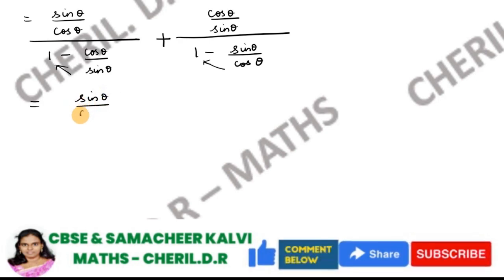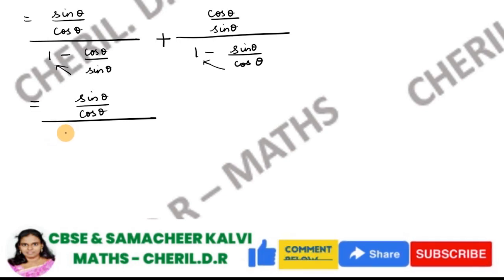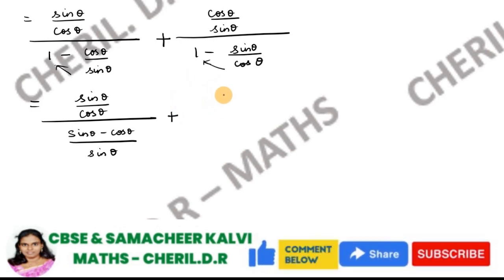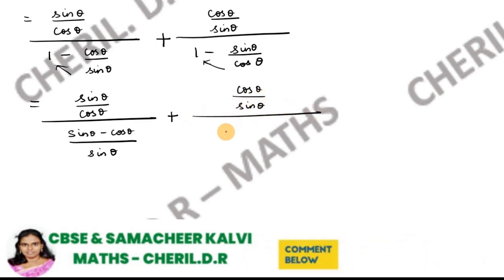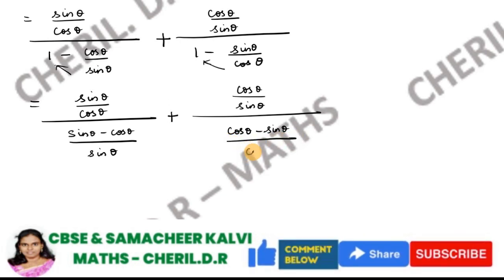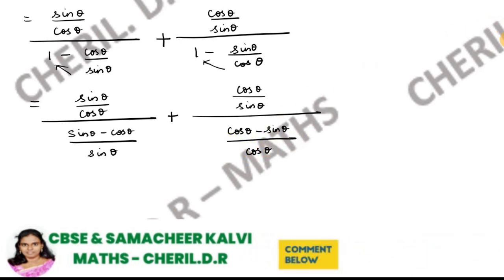Sin theta by cos theta divided by sin theta minus cos theta by sin theta, plus cos theta by sin theta, the whole thing divided by cos theta minus sin theta divided by cos theta.